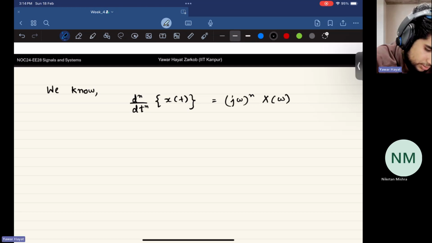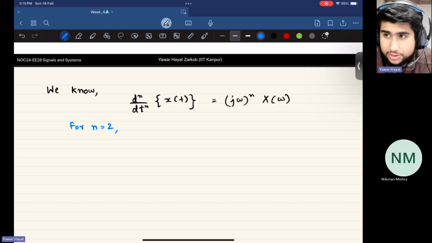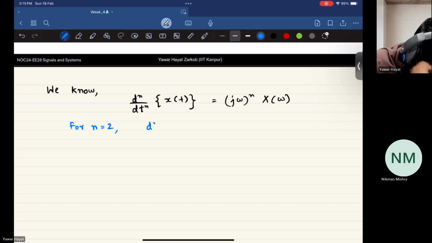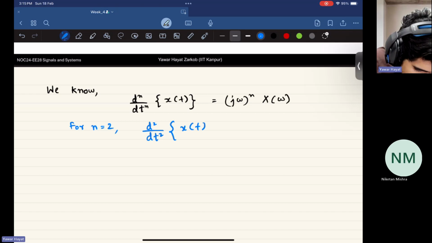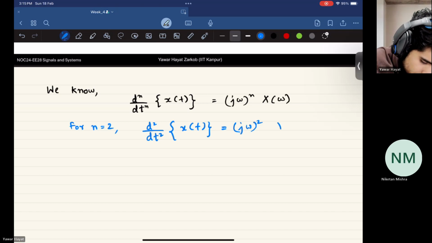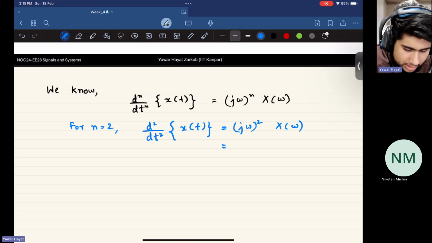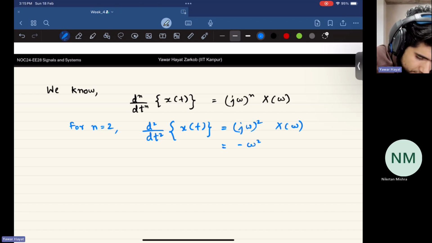So for n equals 2, we have d square by dt square of x of t. That would be j omega whole square times x of omega, and j square is minus 1, so it would be minus omega square x of omega.